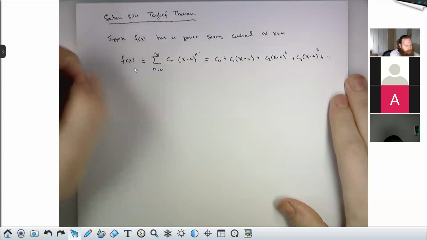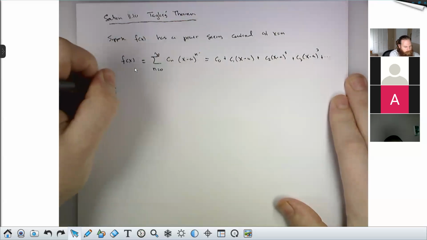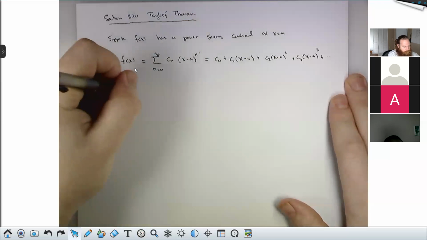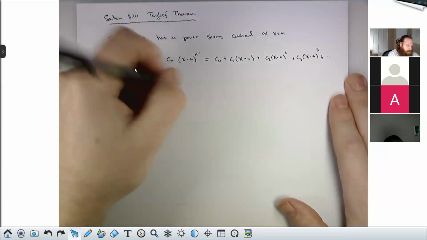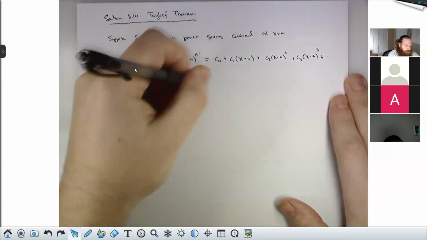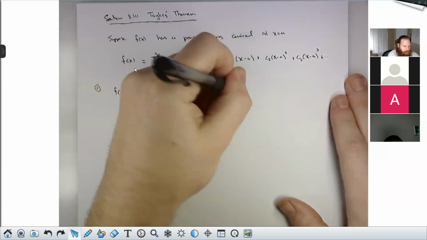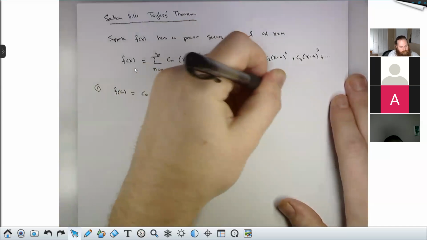So my first step, to find C0, I just go ahead and plug in a. Go ahead and plug in the center. That would be C0 plus C1 times a minus a plus C2 times a minus a squared plus C3 times a minus a cubed, and so on.